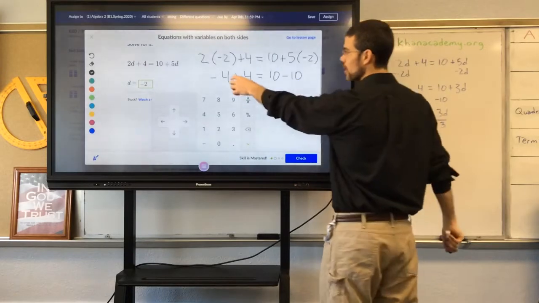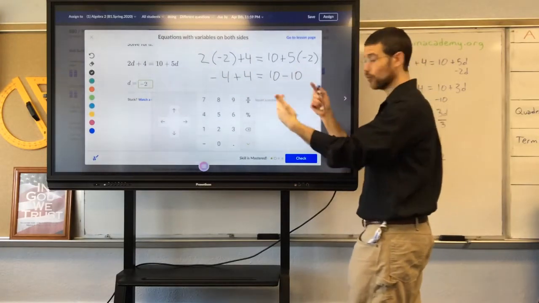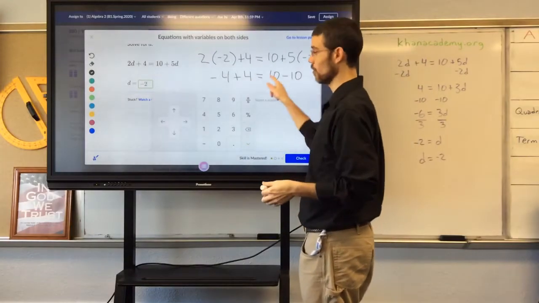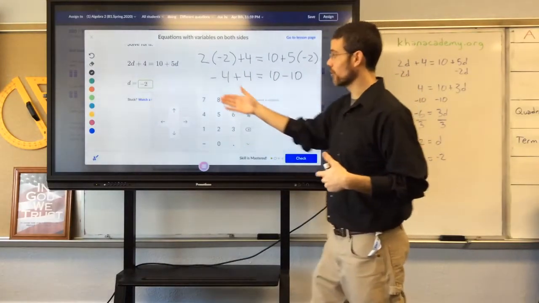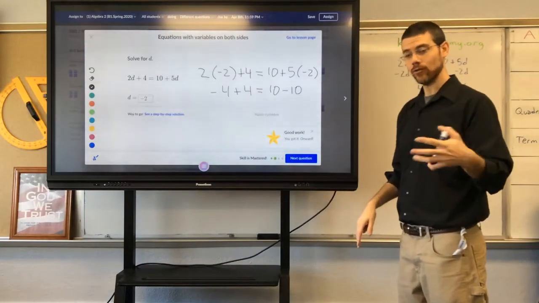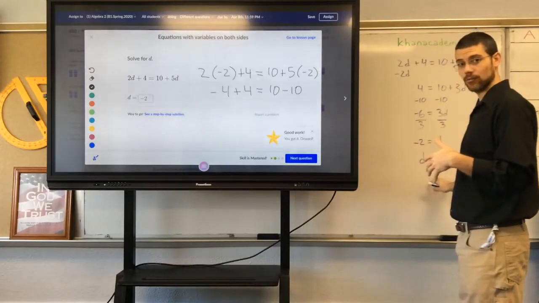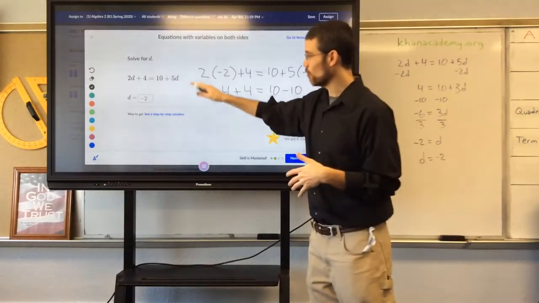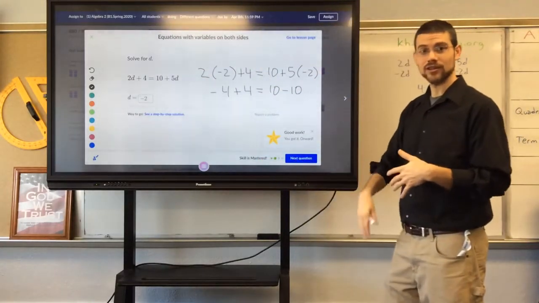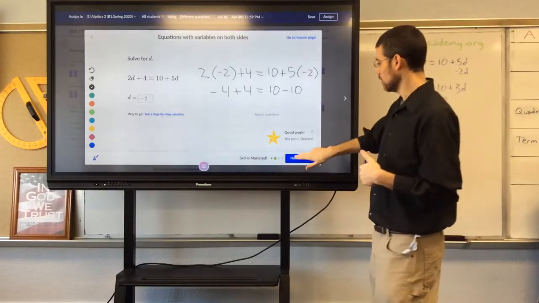And it is true that negative 4 plus 4 is equal to 10 minus 10 because both of those things are equal to 0. 0 equals 0, so I do have the correct number for d. I can know that without checking my answer. So if I did something wrong and I got a number that wasn't true, I would know it before I entered my answer, and then I wouldn't have to get that problem wrong. I could rework it before I checked it on the screen.